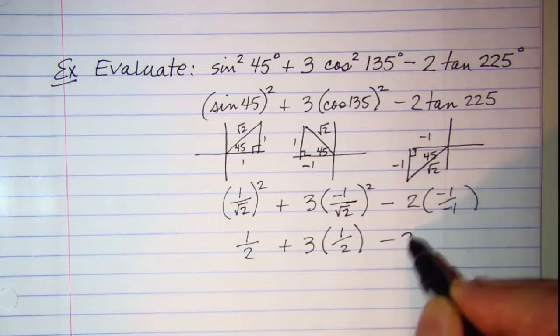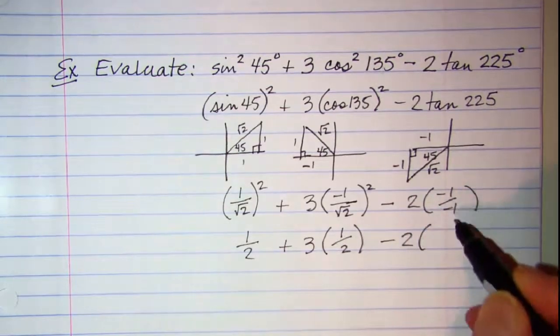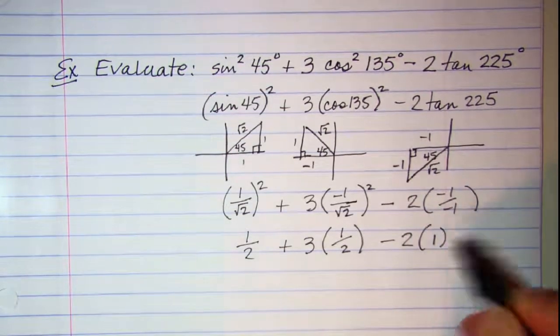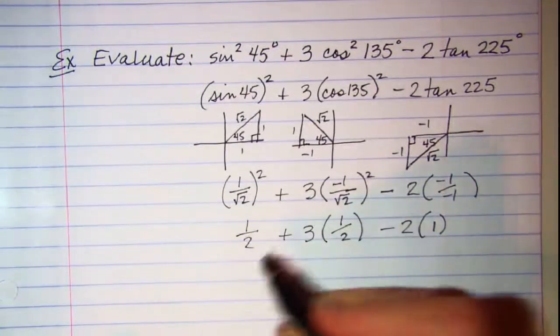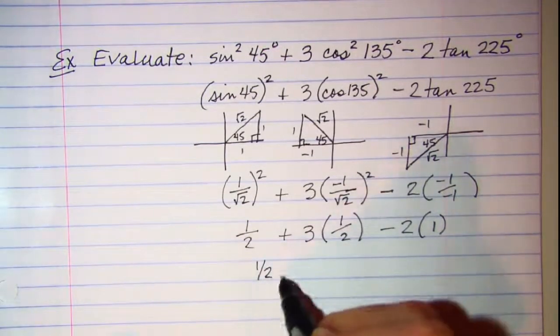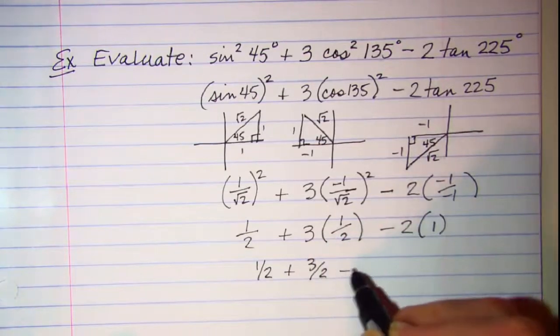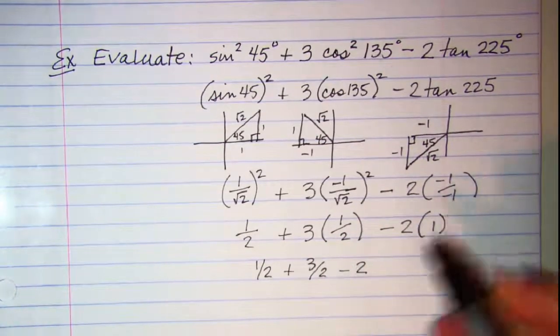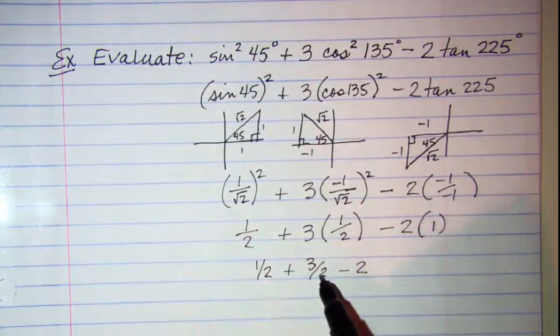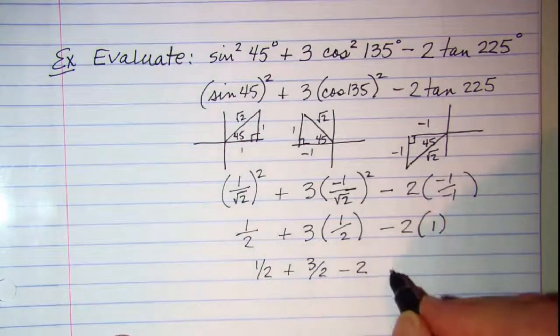And then minus 2 times negative 1 divided by negative 1 is 1. So we have 1/2 plus 3/2 minus 2. 1/2 plus 3/2 is 4/2, which is 2, minus 2 is 0.